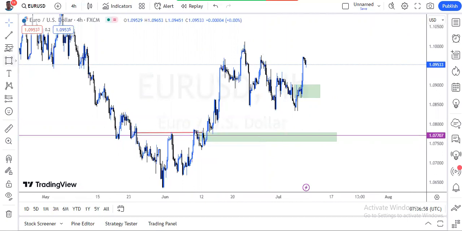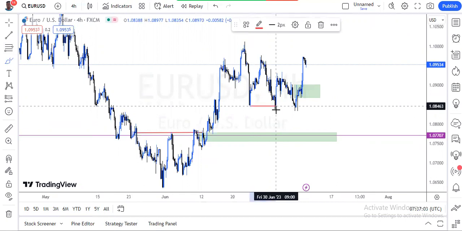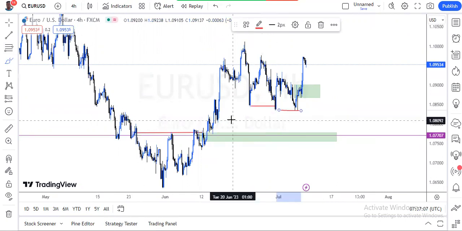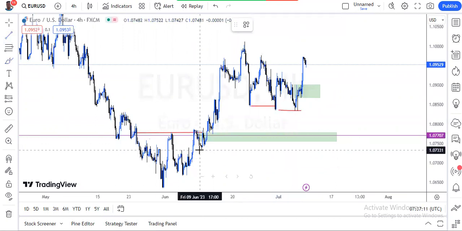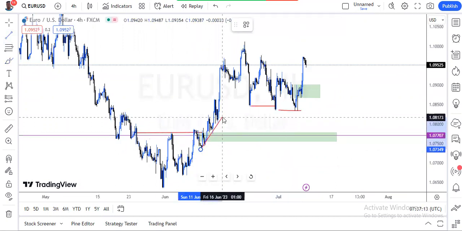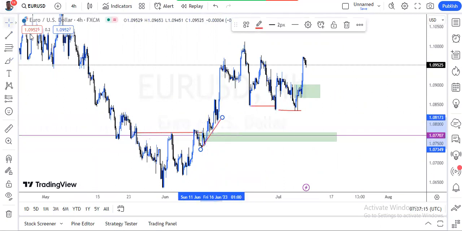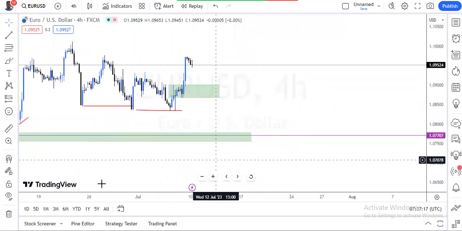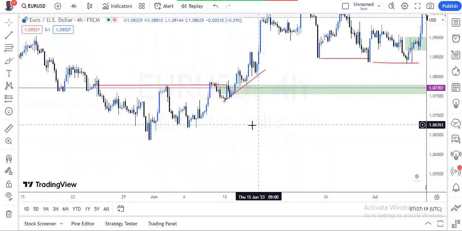Price was really hesitating at these levels. It took this low, and it took this low again. So price was only interested in grabbing liquidity. And remember, we had so many liquidities resting here. That was why we were predicting that price was going to get to these levels here.